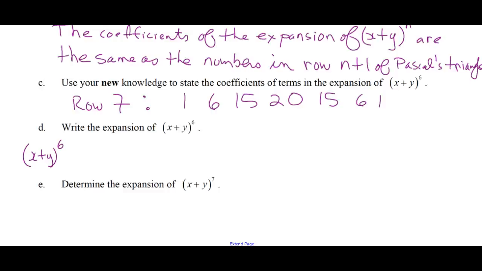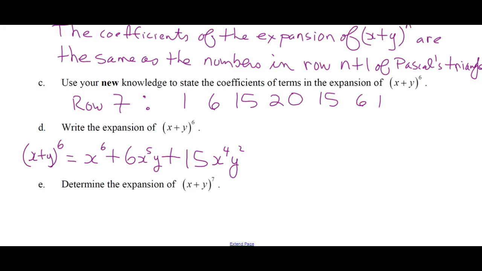I know it starts out as 1, so I'm not going to write the 1, x to the power of 6, plus, now I know the next coefficient is 6. The powers of x go down, so x to the 5th, and the powers of y go up. The degree of each term equals the exponent, 6. Plus 15, I drop the x and up the y, still adding to 6.